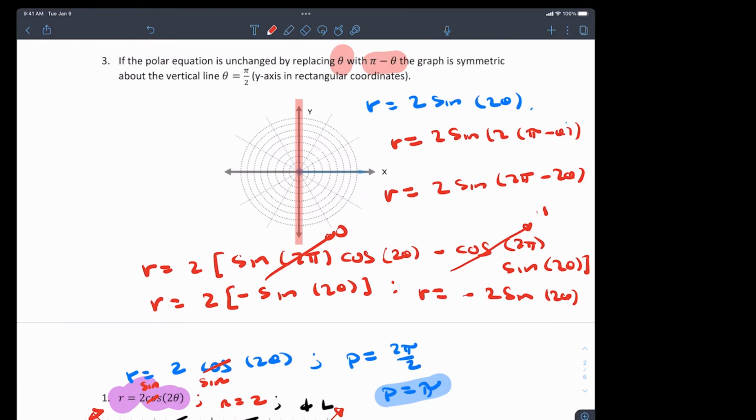Okay, so let's take a look. Let me do something here. Something's bothering me. I go back way up here. Let's find this out.